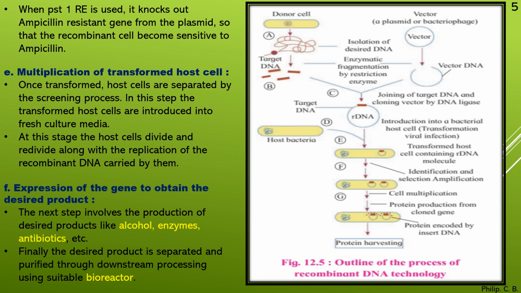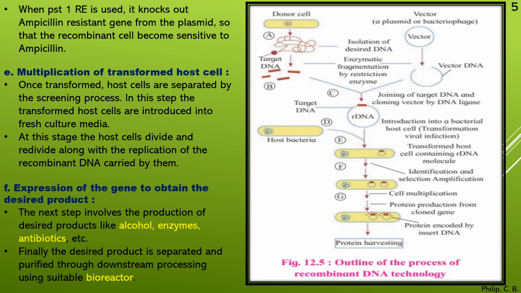Then further, we can see the introduction into a bacterial host cell, this transformation or viral infection. Just as you saw in the step-by-step process, here this particular plasmid is introduced into a host bacterium, for which we use the term transformation.